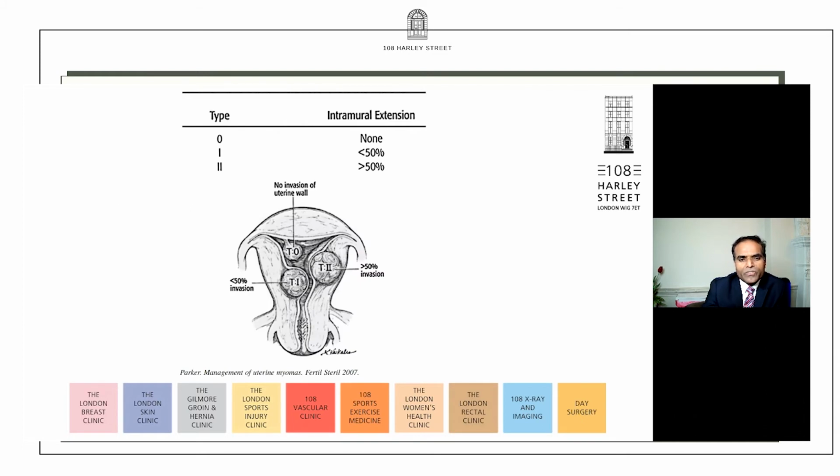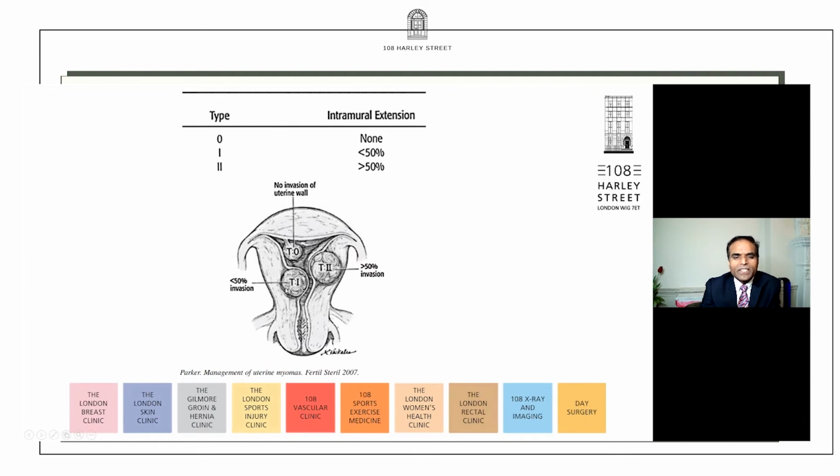So just to update you, there are at least 7 different types of fibroids, but from a fertility point of view, there are 3 important types. One is called type 0, where almost 100% of the fibroid is protruding inside the uterine cavity. That is T0.